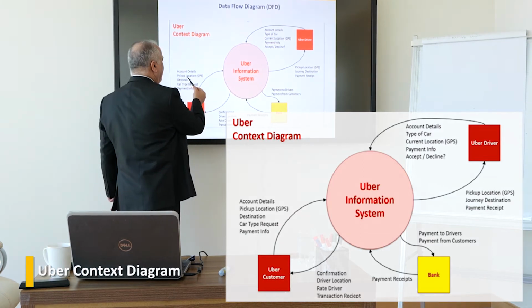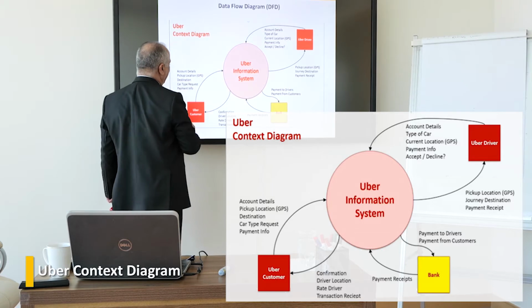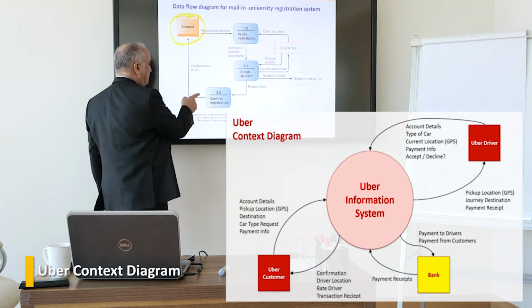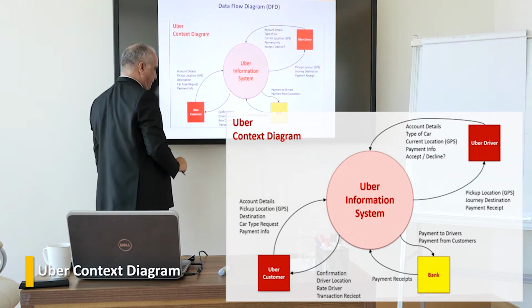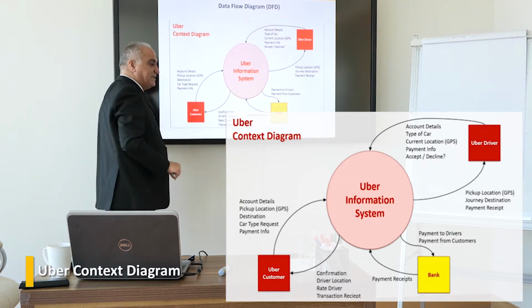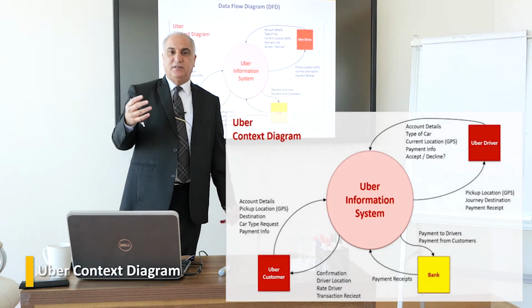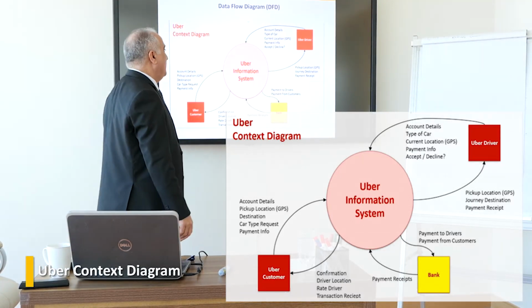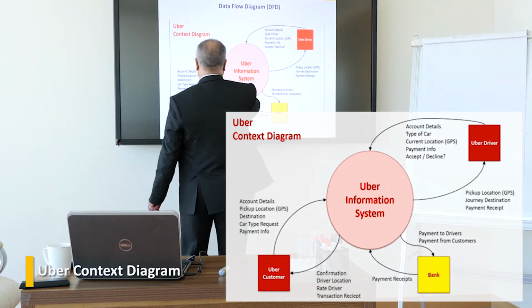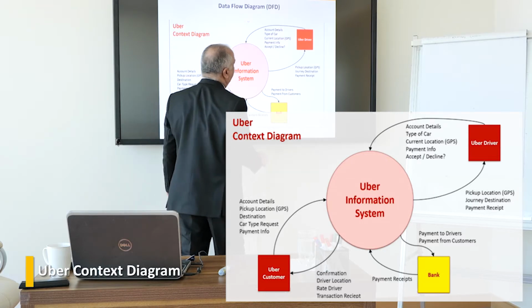Then we know the pickup location, meaning where the customer wants to be picked up from, the destination the customer wants to go to, and the type of car that the customer is requesting, and the payment information, the credit card that they will pay with. Now here the customer is getting data into the Uber system.